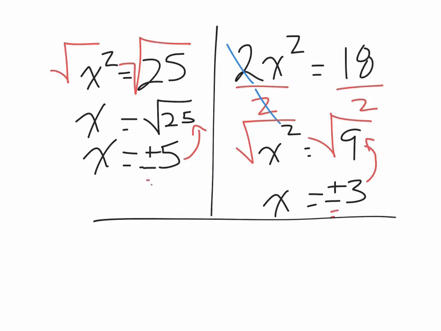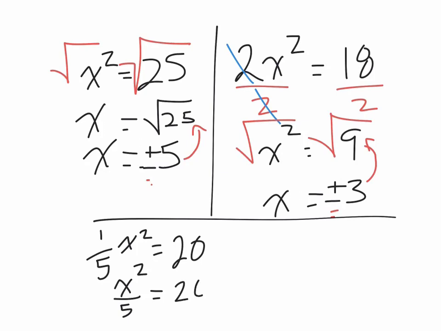One more quick example here. If I give you 1/5 x squared equals 20, yikes, that's a little bit messy. Let's see if we can fix it. The first thing I would do to clean this up is I would think about it as, you could kind of combine this into x squared over 5 equals 20.